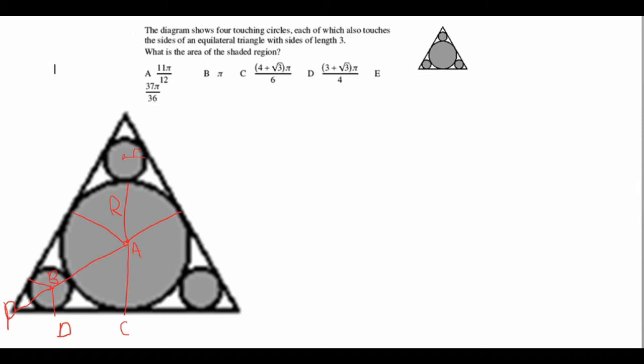Okay, so we can now start labeling some of these angles here. We know that this point here is where a radius of a circle meets a tangent to the circle, and so the angle PCA is equal to 90 degrees. And by similar logic, the angle PDB is equal to 90 degrees also. And what we can now do is say that the triangles PDB and PAC are similar.